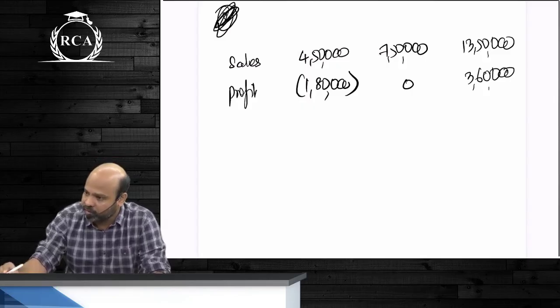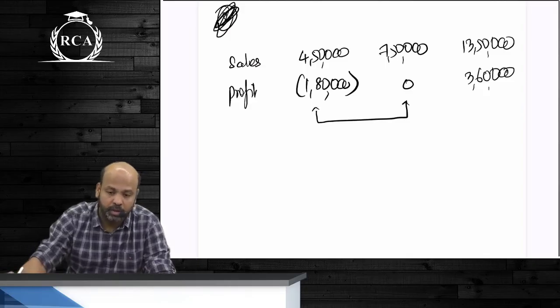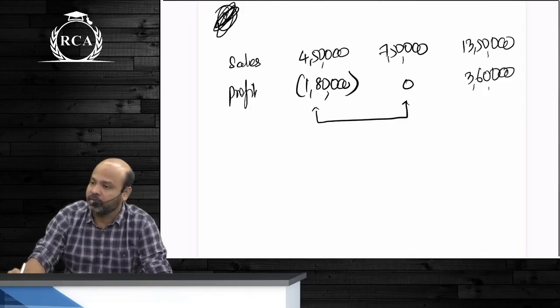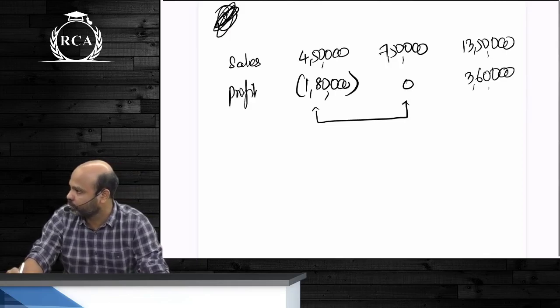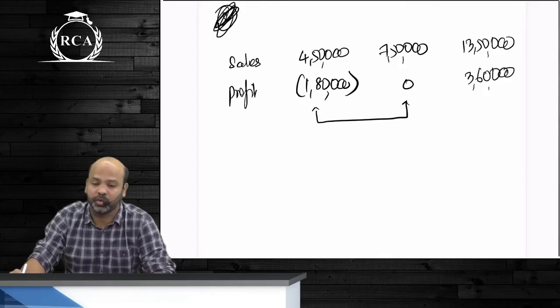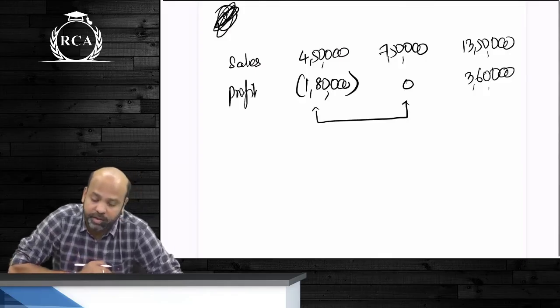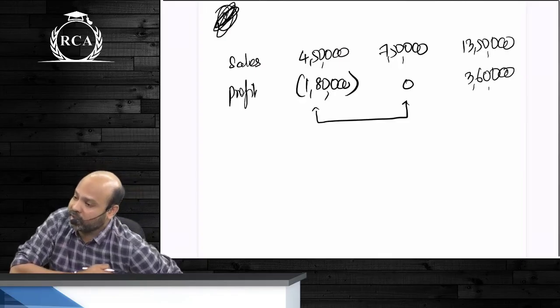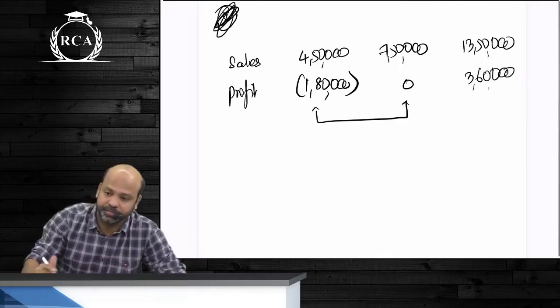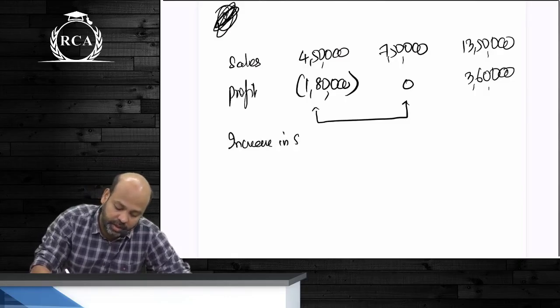the answer is very simple. From 4,50,000 to 7,50,000, my increase in sales is 3 lakh rupees, and my change in profit will obviously be on account of change in contribution. You have that entire income statement with you. From 4,50,000 to 7,50,000, guys, what is your increase in sales? Increase in sales, beta, is 3 lakh rupees.